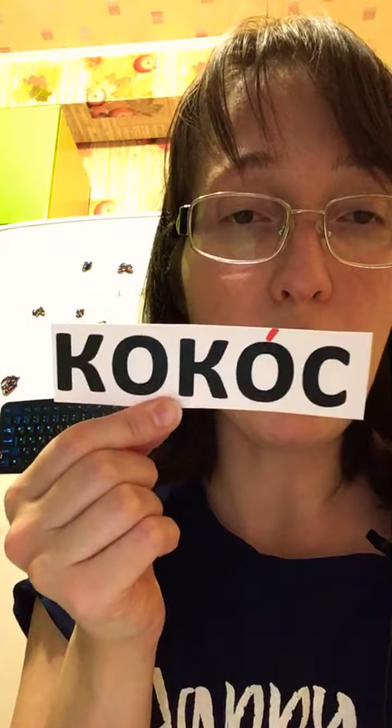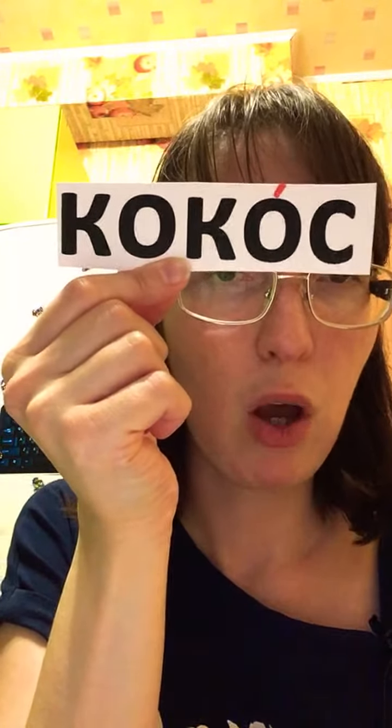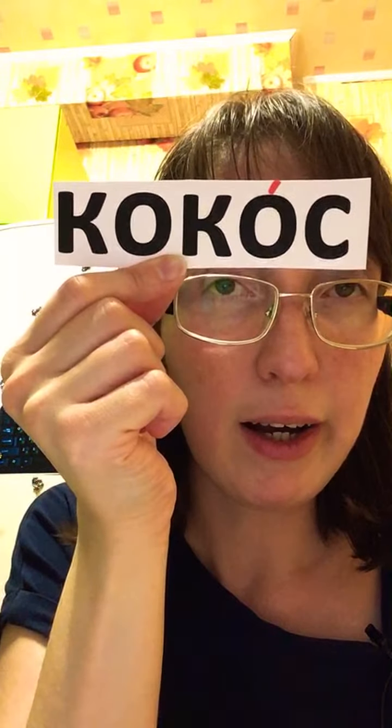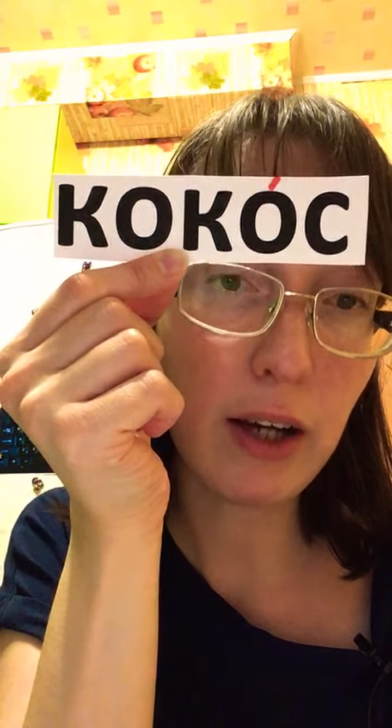The next nouns. I marked the stressed vowel, so try to read it by yourselves. First, don't forget that unstressed O represents a sound. 1, 2. Кокос. A coconut.